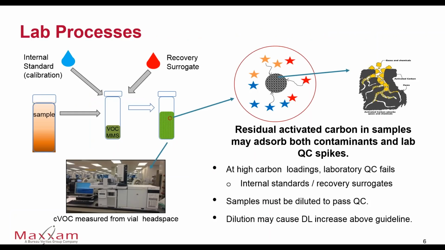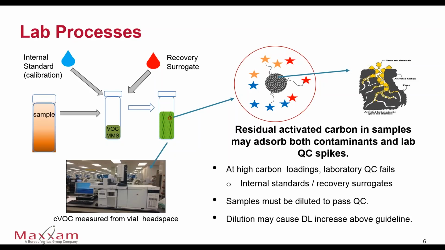So just a very brief slide here on the lab processes so that you can understand a little bit where these complications come from. On the left of this slide, you'll see a sample vial. What happens with that sample when we bring it in? As I said, we draw a bit off the top to try to avoid that carbon as much as possible. Then we put it into a vial with a headspace in it, because we are drawing out a sample of the headspace, that is the air in the top of the vial, for analysis.